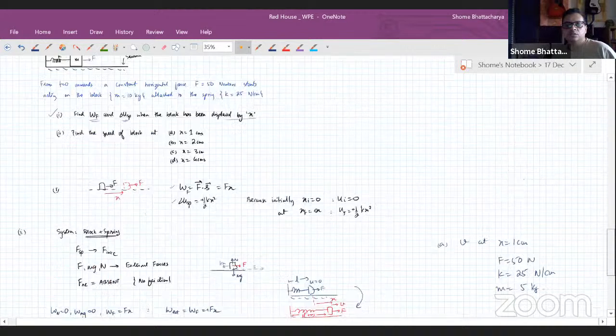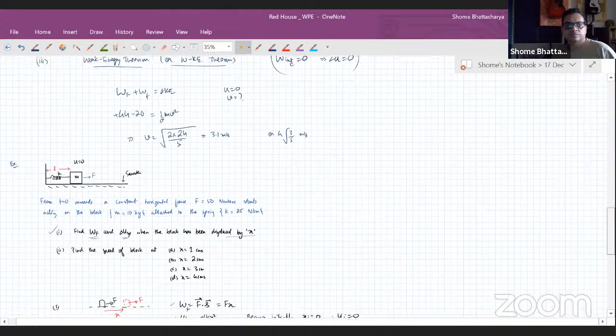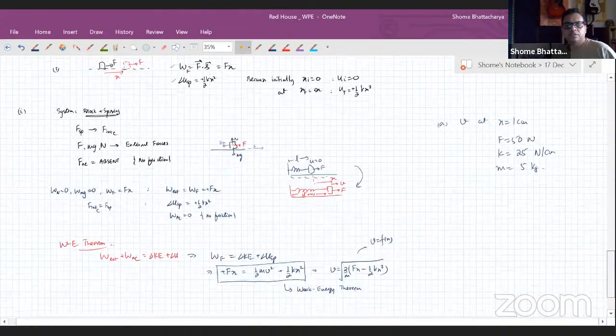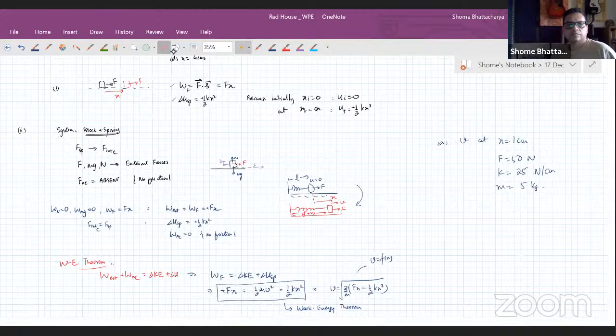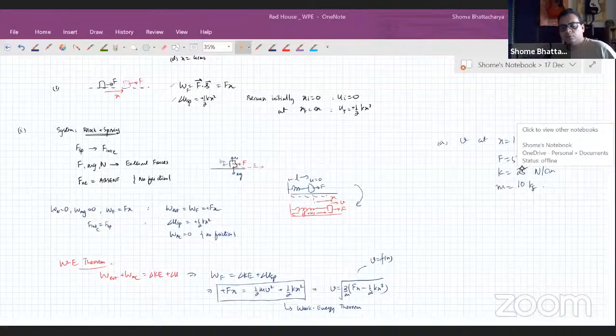So we'll substitute all these things here. When we substitute, we have to be a little careful about the units.